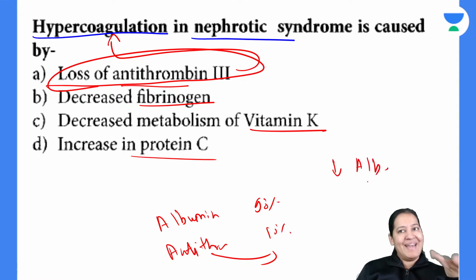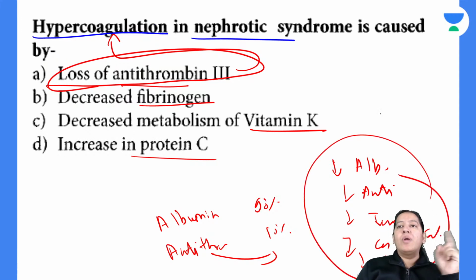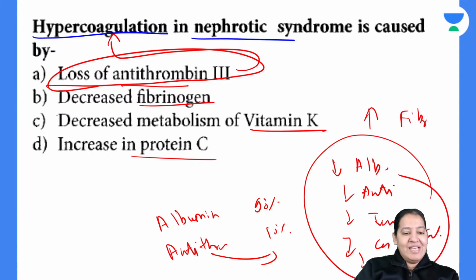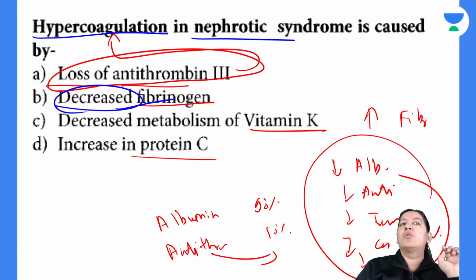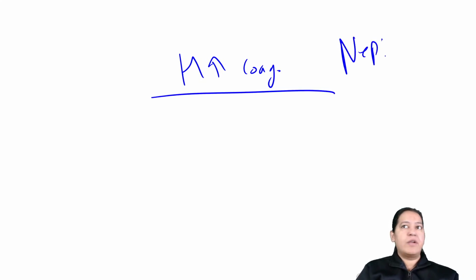Albumin is lost mainly; apart from it, antithrombin, transferrin, ceruloplasmin, thyroxine and calciferol are lost. Only one is increased in blood, that is fibrinogen. So here it should be increased fibrinogen. So there are two reasons for hypercoagulation in nephrotic syndrome, not nephritic.